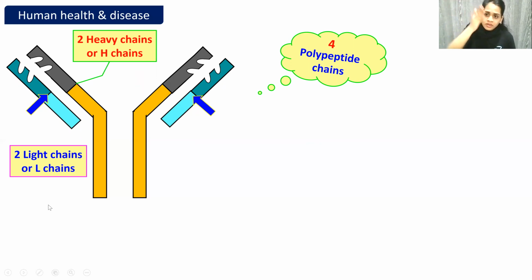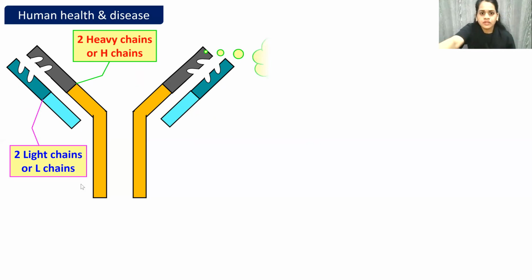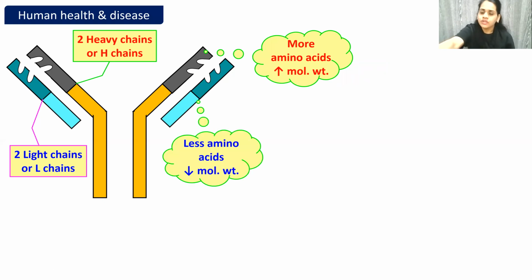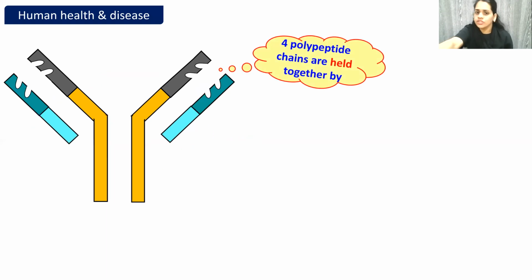So the bigger one, like this, is called H chain or heavy chain, and the smaller one, just like this, is called light chain or L chain. Now, the heavy chains have more amino acids, that is, their molecular weight is more as compared to the light chain. So the light chain has fewer amino acids, that is, lesser molecular weight.